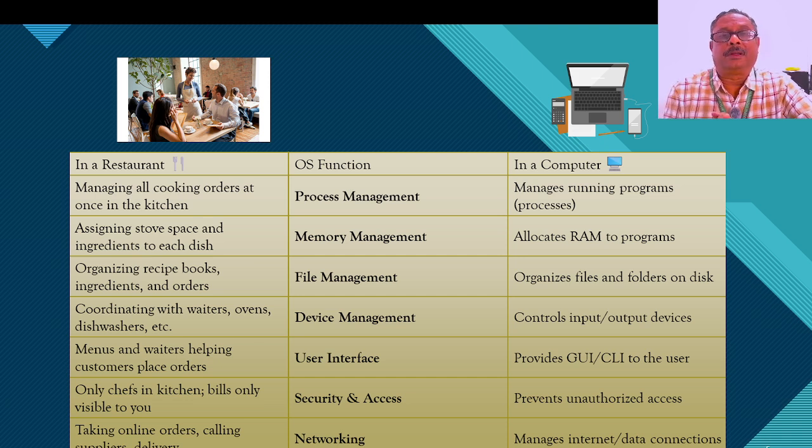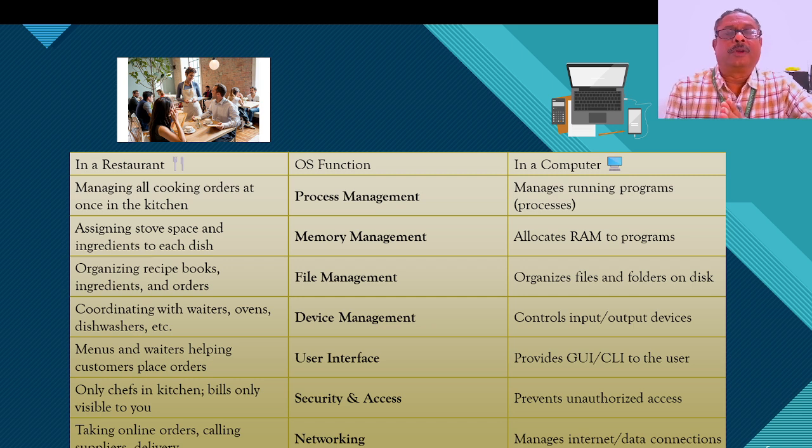In our computer world, supply chain activity is taken care of by the internet and interconnections of systems. So we need some part of the operating system that manages this internet or data connections and provides proper protocols, proper languages to speak with one another. So that's some analogy about our operating system.